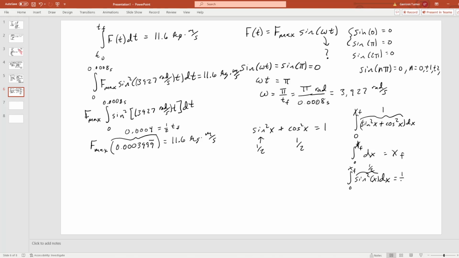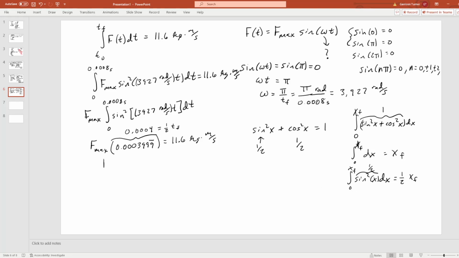And so then that gets pulled out front, and the integral of dx from 0 to xf is xf. So we get 1/2 of whatever your upper limit is if your lower limit is 0.